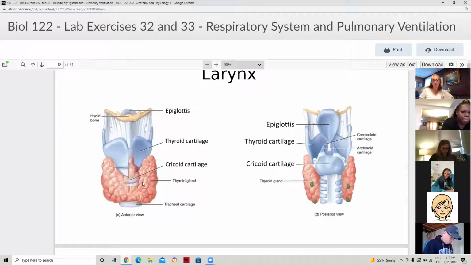So looking right here, here's the hyoid. This is anterior view. Here's the hyoid. Here's the epiglottis peeking up over the top, and it's on the posterior side. The thyroid cartilage, you can feel it on yourself right here.